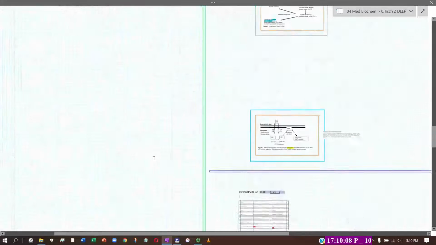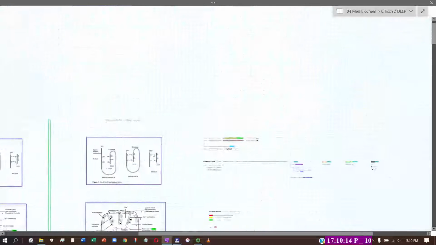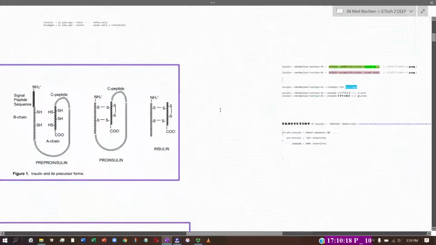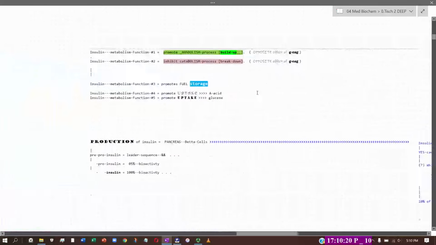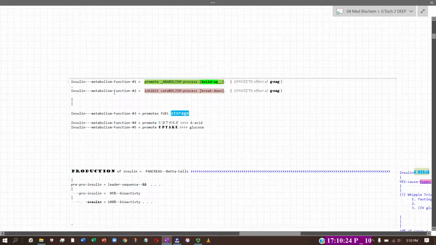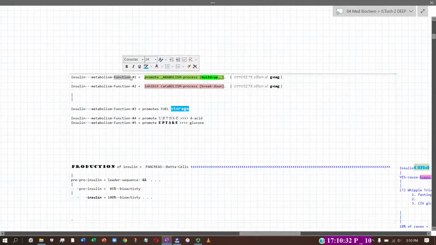So from the top, let's go back up to the top, right here. When it comes to the structure of insulin and its synthesis, it's important to note the following summary. There are some functions of insulin. Function number 1 is the promotion of anabolic processes, so building stuff up.